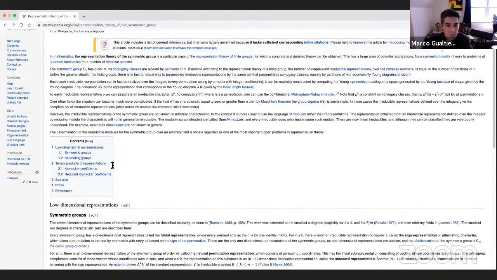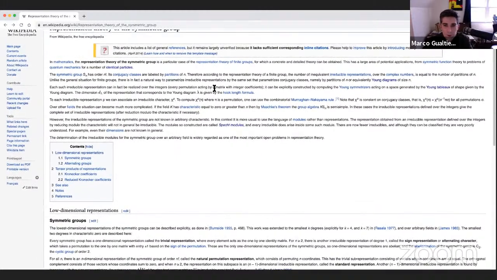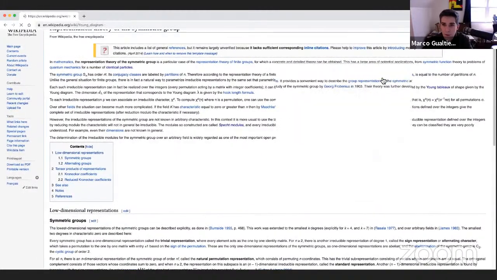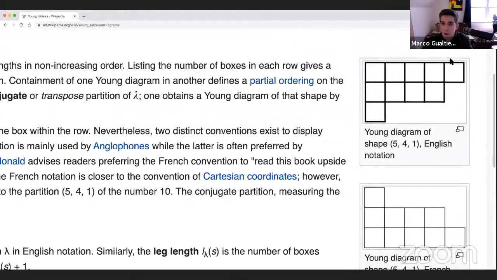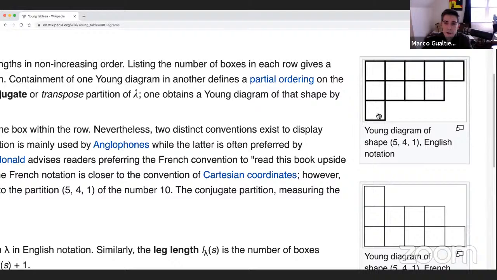That's the word I was looking for. Young diagrams look like this. You could either draw it as a partition, 5 plus 4 plus 1. So it's a partition of 10, just drawn as a bunch of boxes, 5 plus 4 plus 1.